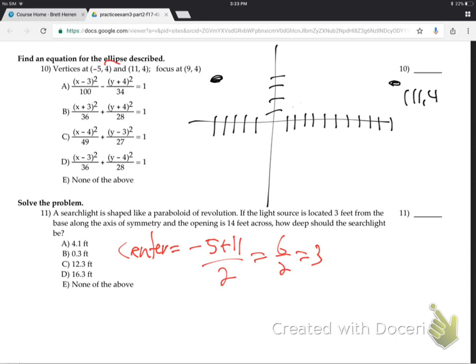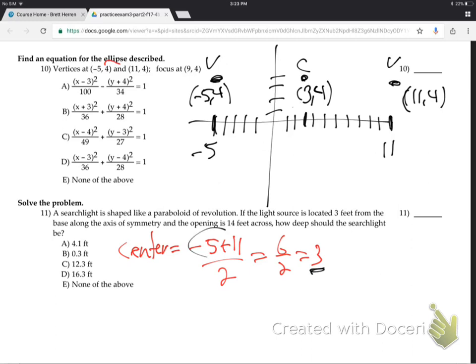So 11, 4. This one's at back 5, this one's at over 11. So the center's at 3, up 4 right there. Those are the two vertices. The middle of negative 5 and 11, add them and divide by 2, is 3. There's a center at 3, 4.